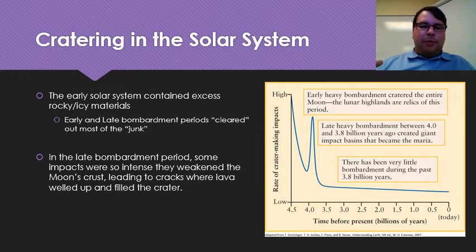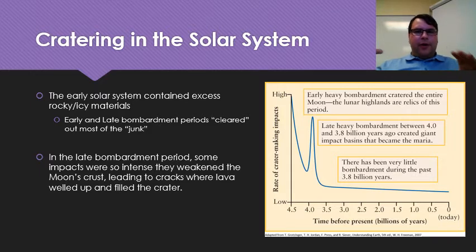The late bombardment period occurred later, and so those objects were able to cool down, so Mercury and the moon, for example. And then the late bombardment came in, created the craters within the craters. So that's where you're seeing the two different cratering histories.